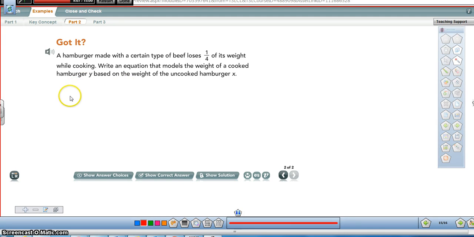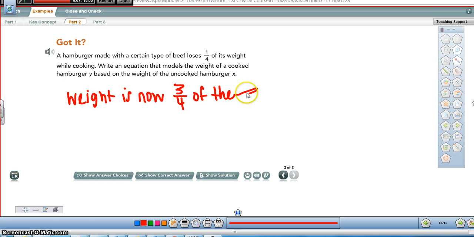So the weight is now 3/4 of the original weight. The weight it is now is y.